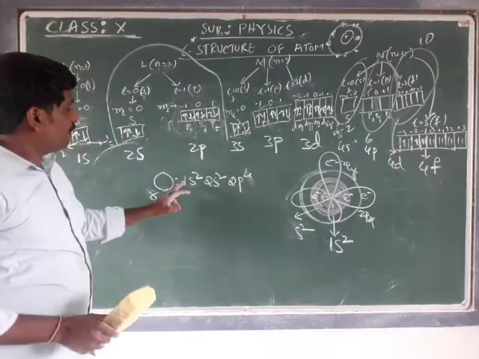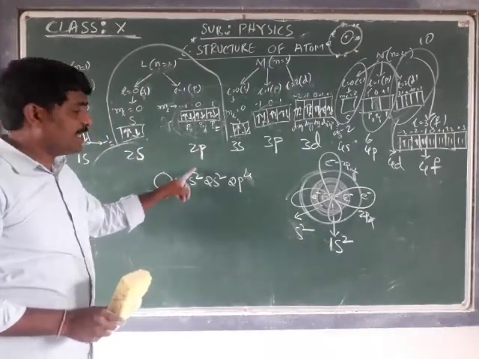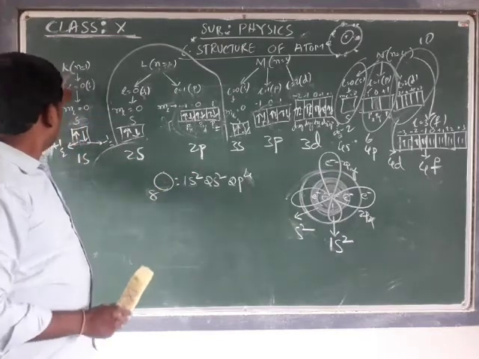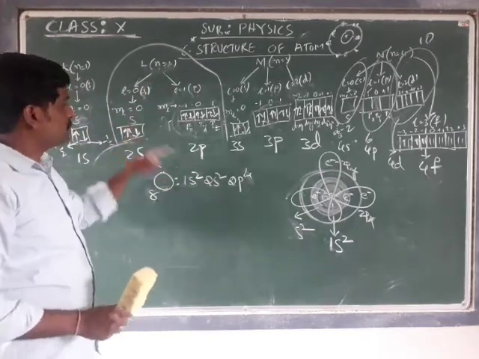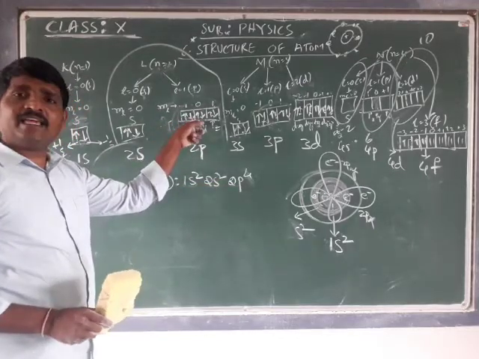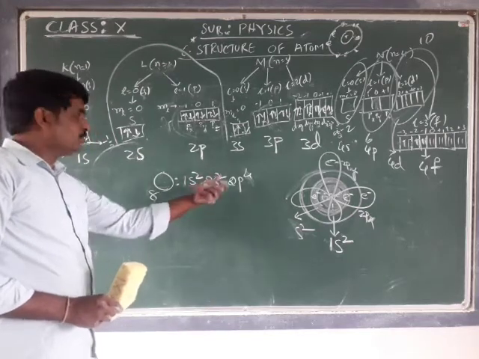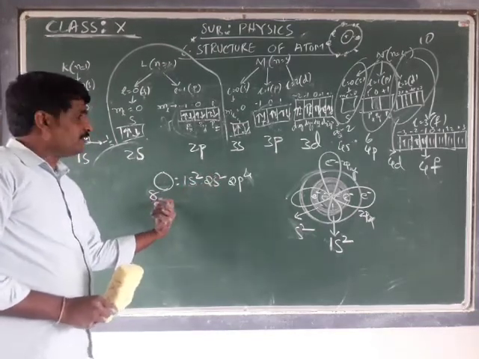This is the configuration. That means the electron configuration of oxygen is 1s2, 2s2, 2p4. p has the ability of taking 6, but we are left with only 4: 2 plus 2, 4 gone, and 8 minus 4 is 4.